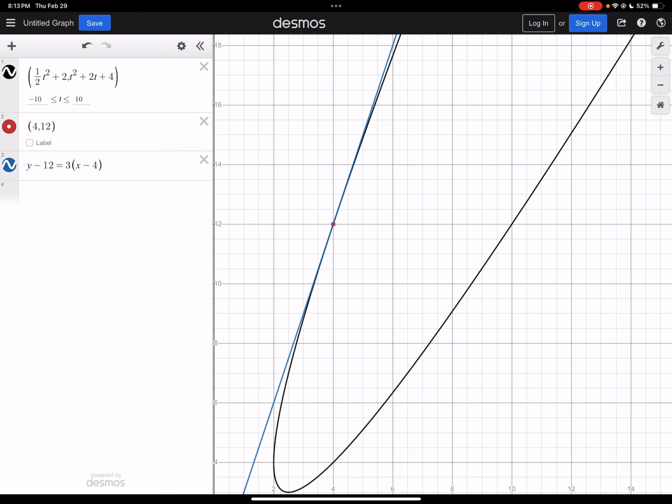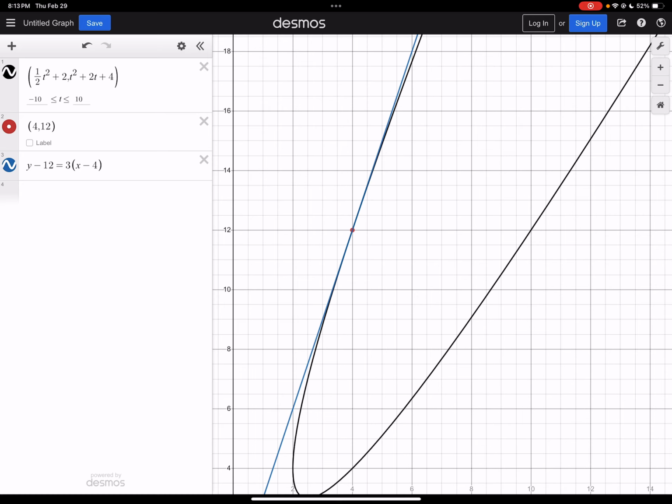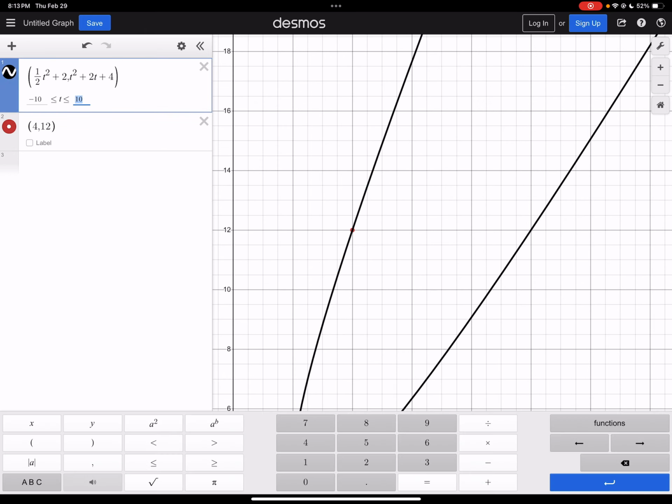Then you could see here that it kind of just concaves down when t is equal to 2. So here's what's happening at 2. Let's say 2.2 is right there, 2.3, 2.5, and so forth. So we're kind of concaving down at t is equal to 2.